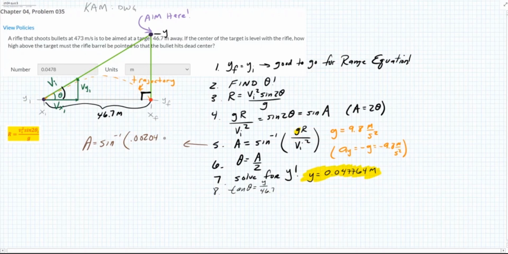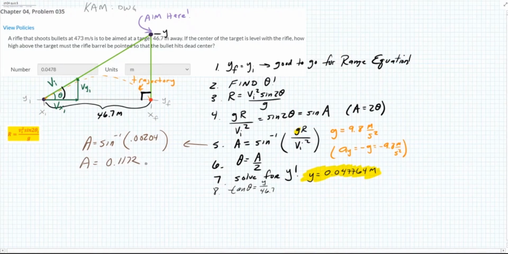With this number just sitting there, I'm going to write it down right now, but normally I'm just going to keep this number in the calculator. So A equals the inverse sine of this argument. So it's going to be 0.1172 and some change.